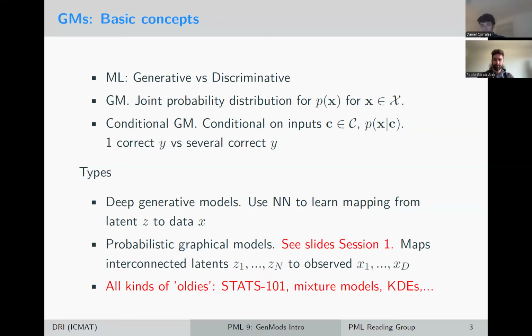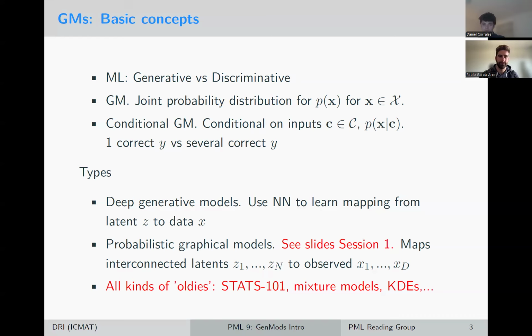The difference with a discriminative model would be that in a discriminative model, you expect only one Y to be correct, whereas in a conditional generative model, you allow for several correct Ys. That would be a bit simplistic, but that would be the sort of difference.